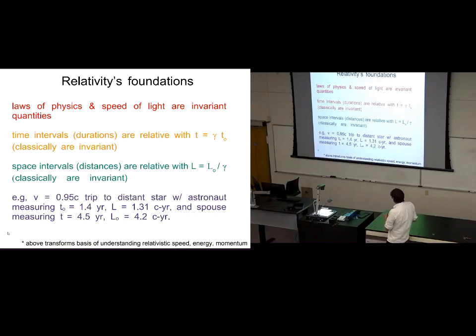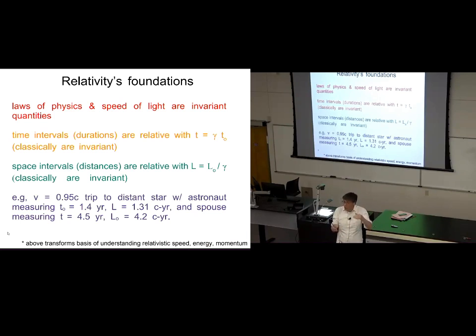On the other hand, the spouse at home measured the proper distance. The proper distance is measured when the object you're measuring the length of, in this case a tape measure that runs from Earth out to Alpha Centauri, so it's a very long tape measure, is at rest. You measure the length of the tape measure in the frame where the tape measure's at rest.